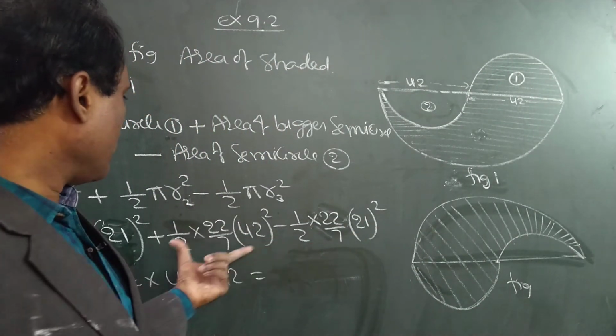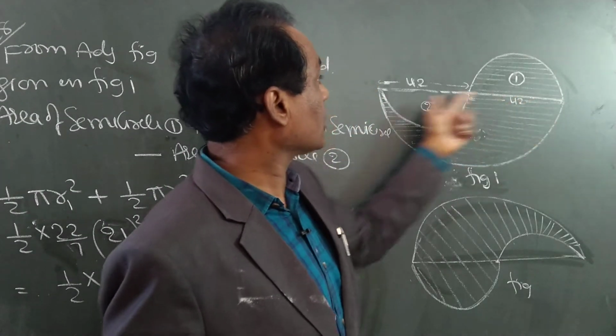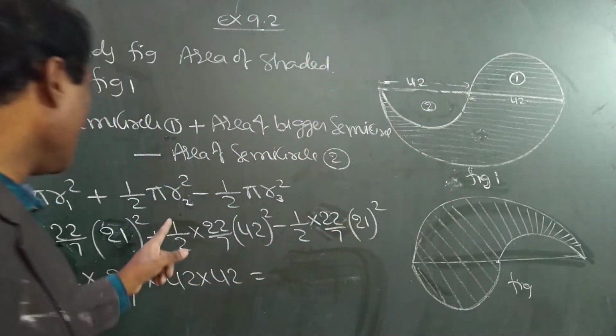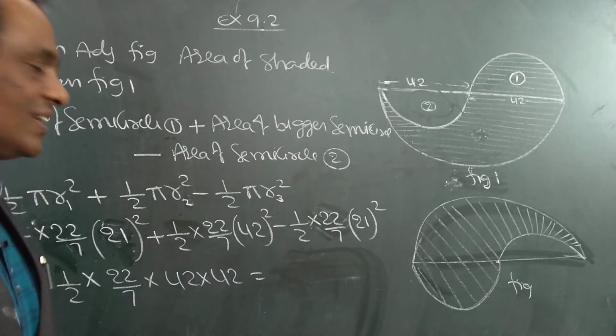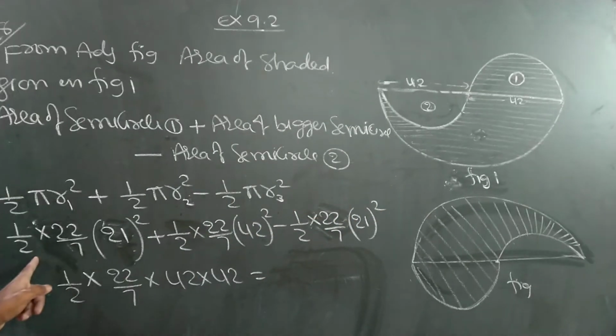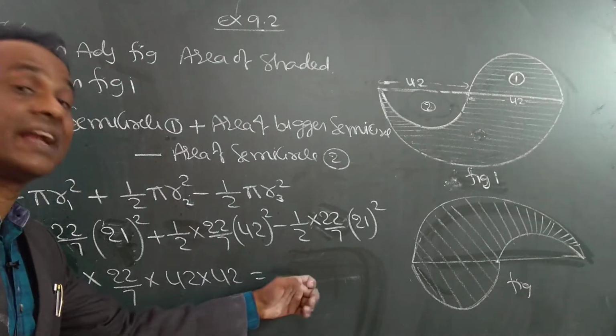Minus. Middle one, bigger semicircle, radius is 42, not 21. Radius is 42. Half pi r square. First one, second one, directly cancel. This is minus, this is plus. Only this will remain. Do the simplification and write down the answer.